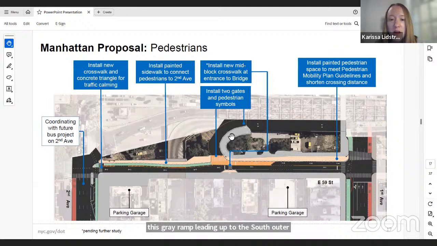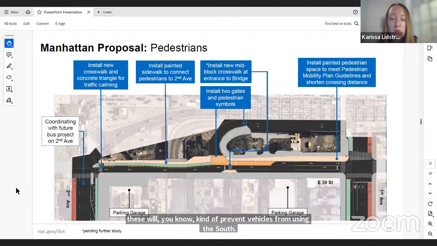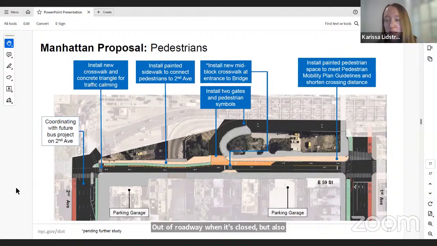And then our bridges team will also be installing 2 gates, one up here and then one further down. These will prevent vehicles from using the South Outer Roadway when it's closed, but also will facilitate maintenance access to the bridge, as well as to the DOT facility that is up here.